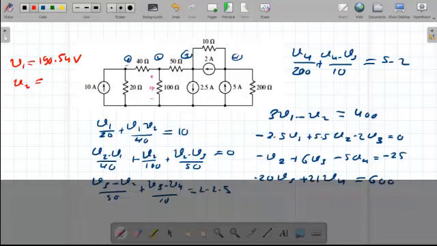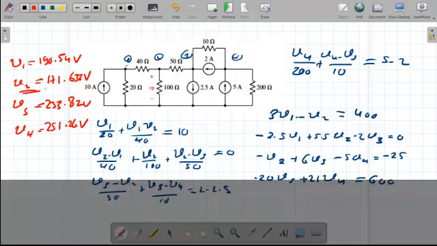V2 will equal 171.638 volt. V3 will equal 233.82 volt, and V4 will equal 251.26 volt. So this is our VB.